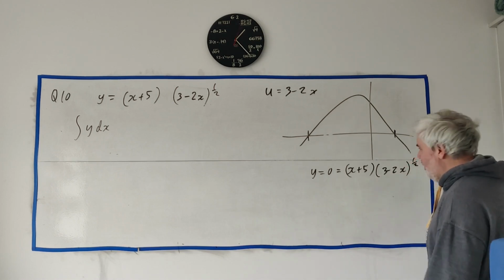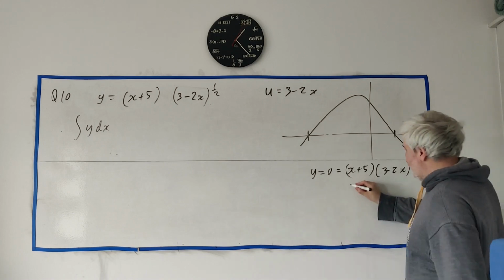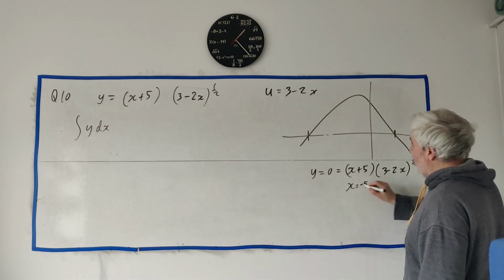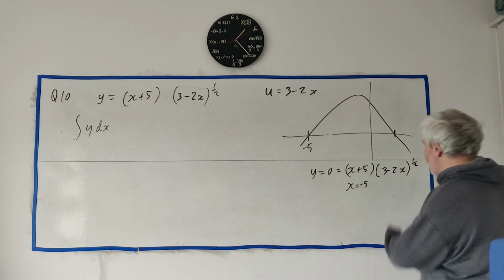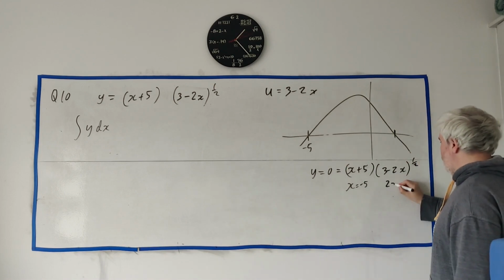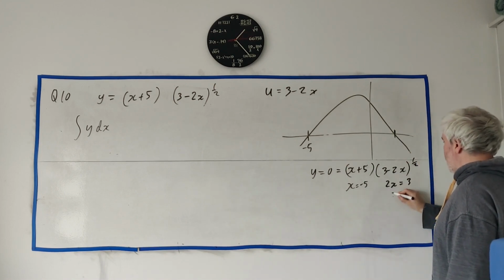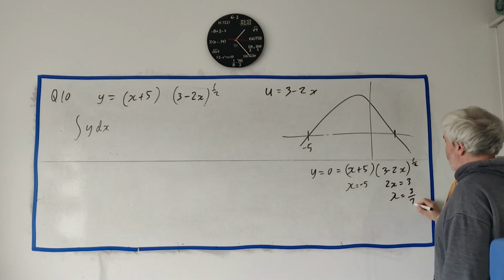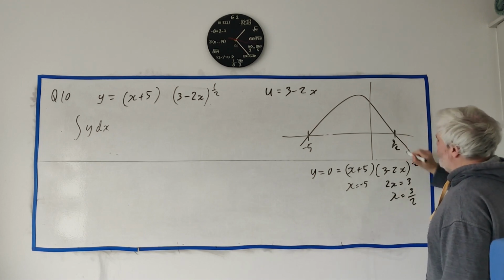These are already factorized, so we should be able to see x is equal to minus 5, so that's minus 5 there. And on this side, 2x is equal to 3, x is equal to 3 over 2, so that's 3 over 2.